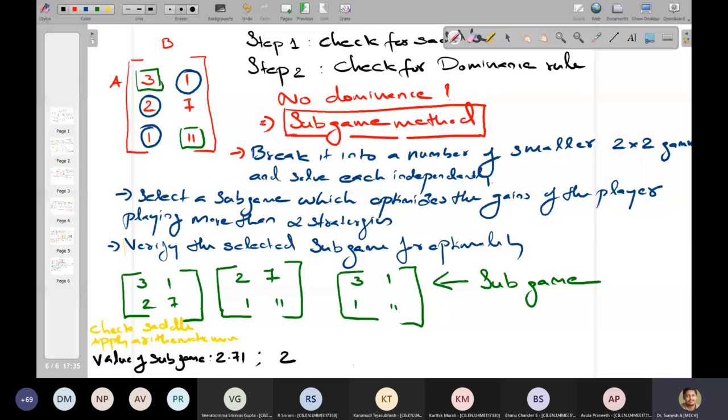Okay, so now from the values of the subgames, the largest value is 2.71. So you can take that as the optimal value.